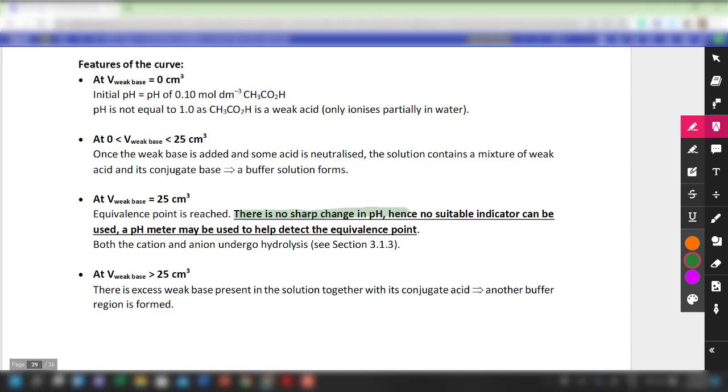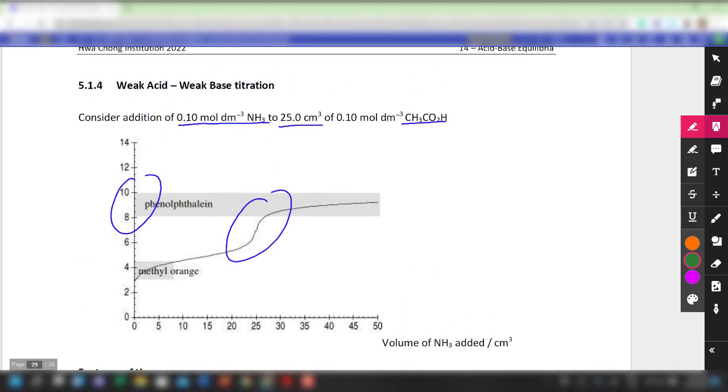There is no sharp change in pH, so no suitable indicator can be used, but we can still use a pH meter. The reason why we can use a pH meter is because you know the initial amount of ethanoic acid you have. So if I know the initial amount of ethanoic acid, I will be able to determine the volume of ammonia needed to reach the equivalence point.